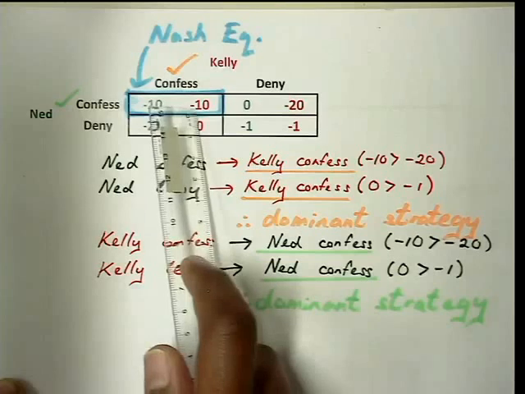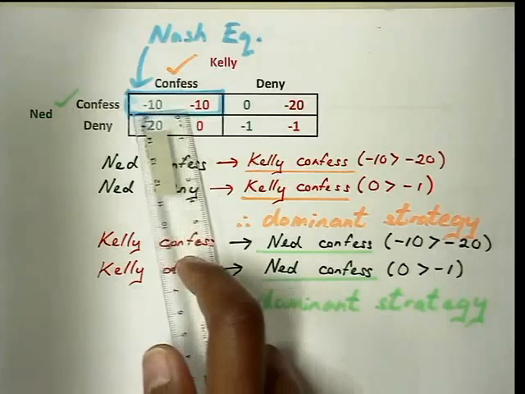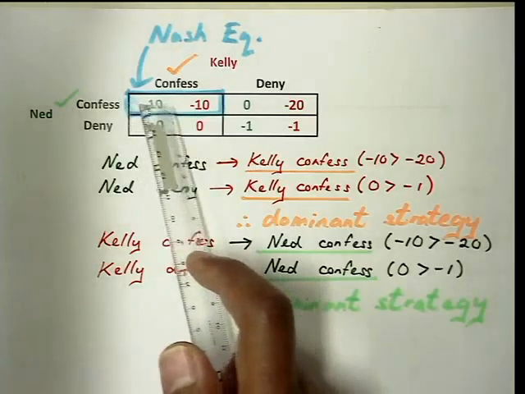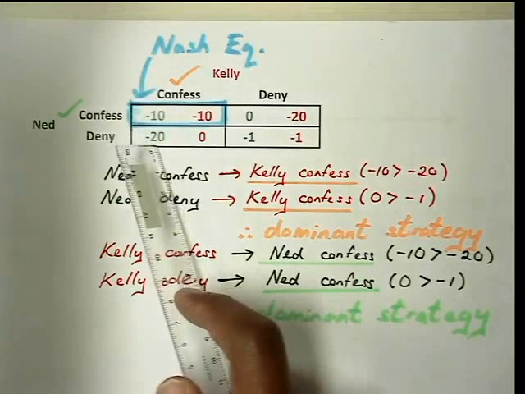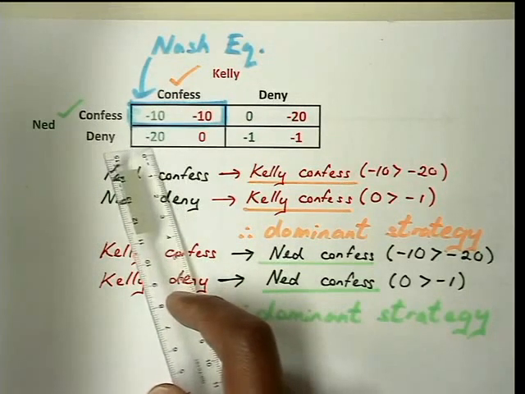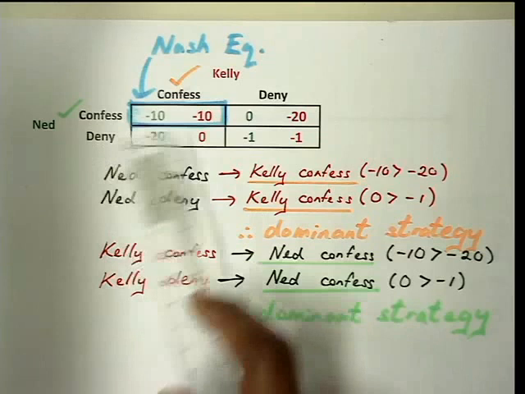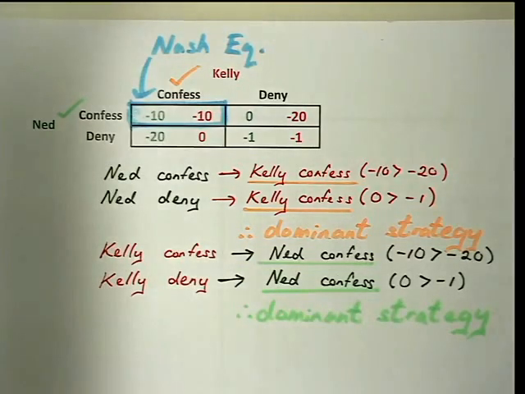No. If Ned suddenly decides to deny, Ned will go to jail for 20 years. Does Ned have an incentive to change his move? No. So Nash equilibrium, each player chooses what is best for them given what the other has already chosen, and neither has an incentive to change. Sounds very technical, right?